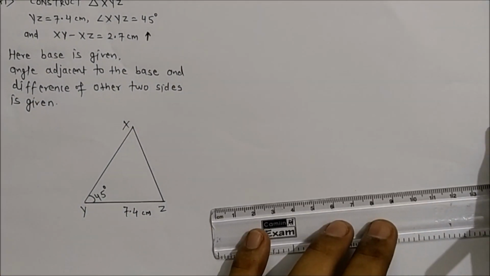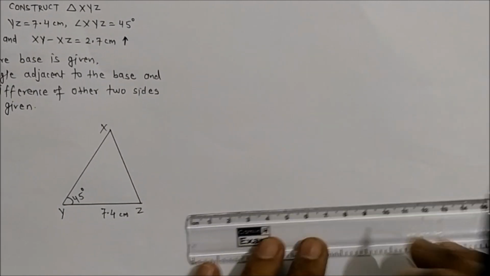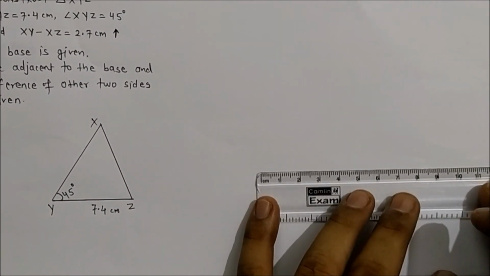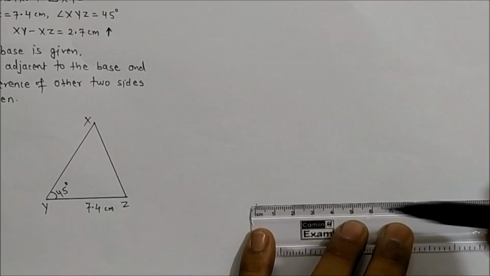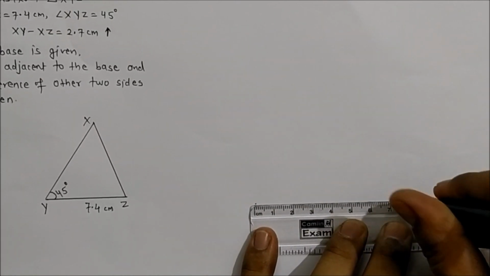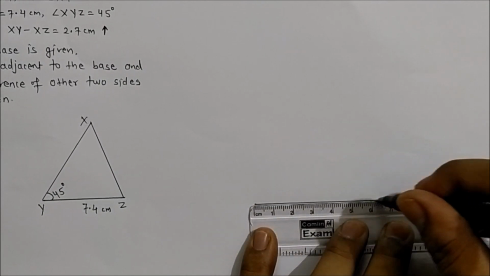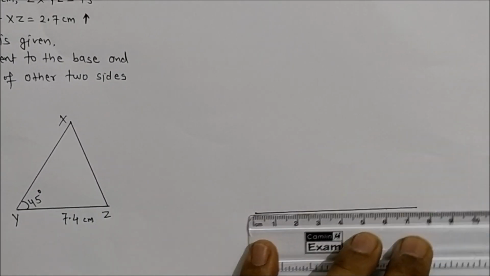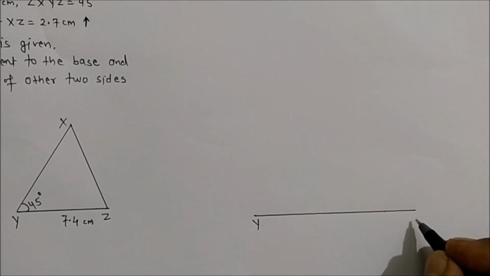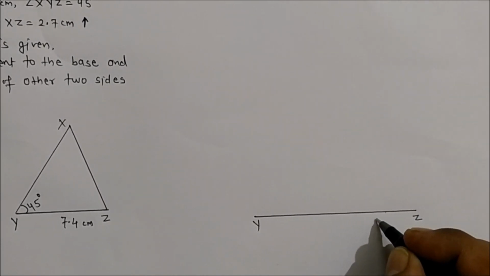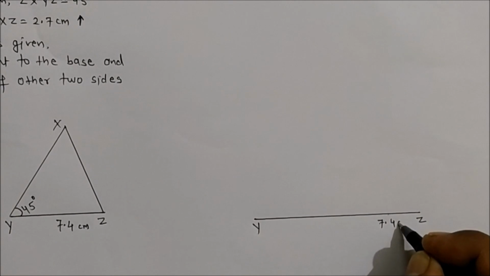Let's start with the construction now. First we draw the base 7.4 centimeter. This is the base we have drawn, YZ, 7.4 centimeter.